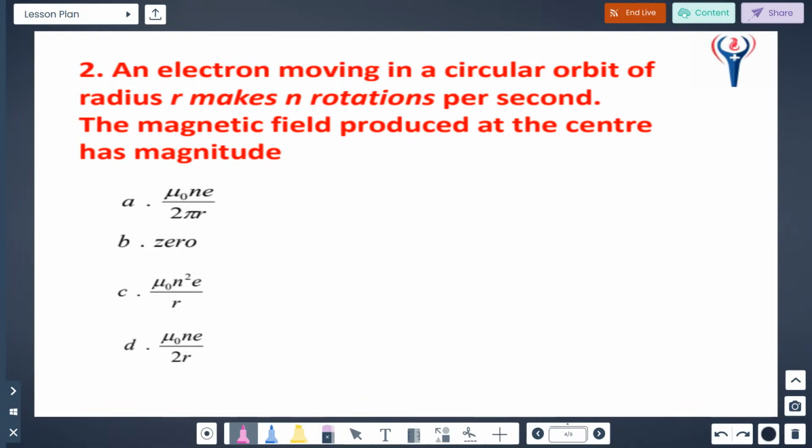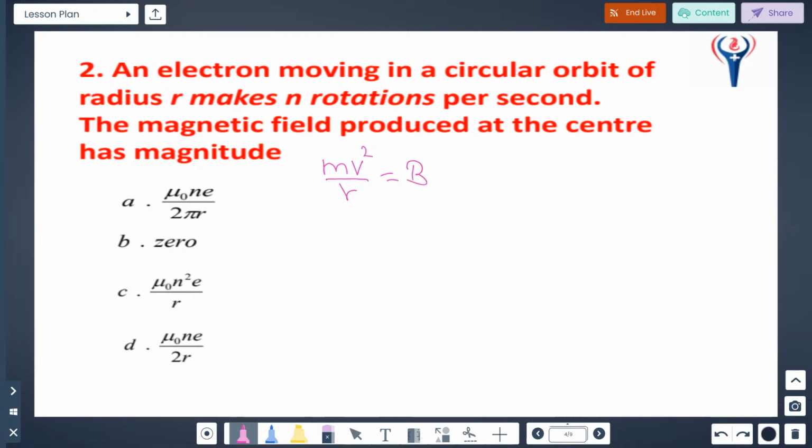So centripetal force is equal to force due to magnetic field. And centripetal force formula we know, m v square by r, small r is given radius, so we will use small r, is equal to force due to magnetic field. What is it?